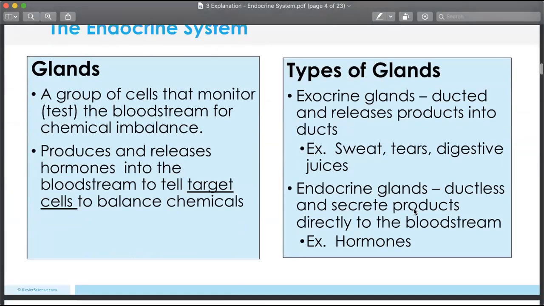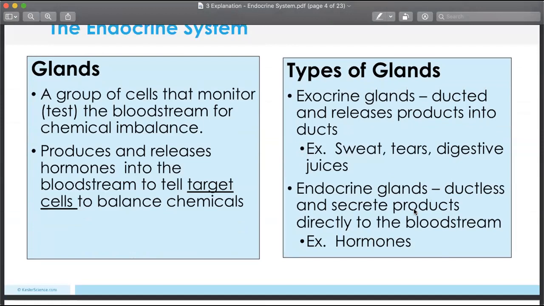So all the glands that are involved, we're going to talk about those first. A gland, again, is a group of cells that test the bloodstream to see if there is a chemical imbalance. So they produce and release hormones based on that test, right? Then they send those hormones into the bloodstream to tell target cells to balance the chemicals.